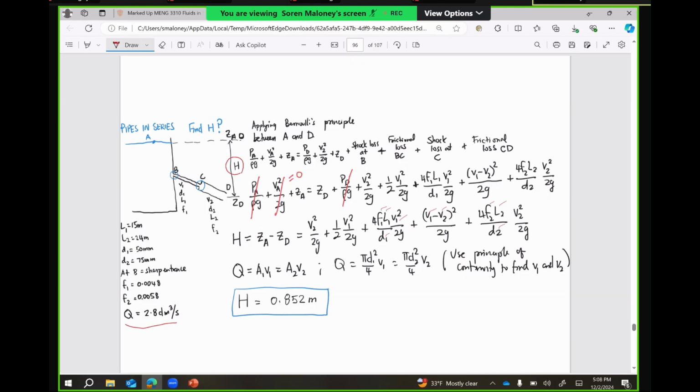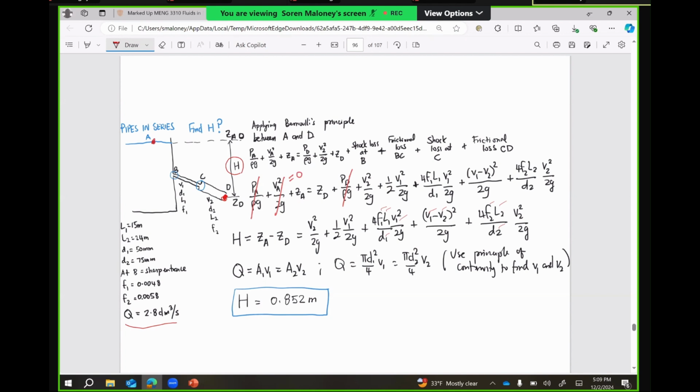So again, I am going to apply Bernoulli's principle between points A and D, D being where your flow is being discharged to atmosphere. A is the top of the reservoir, D is where the discharge is taking place. And then I'm going to add all of my losses.